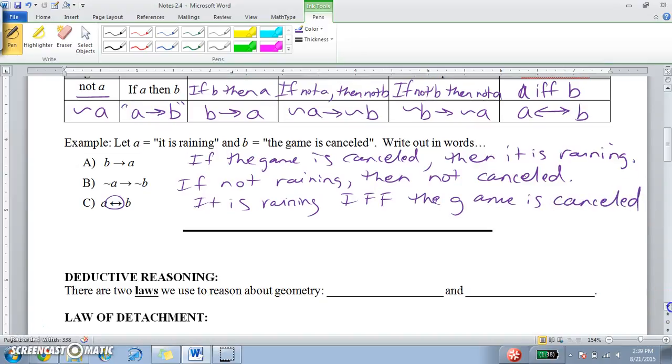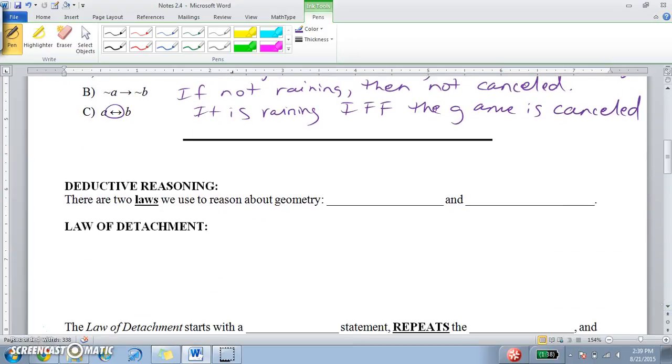So, deductive reasoning. What is deductive reasoning? There are two laws we use that are part of deductive reasoning. One is called the law of detachment. One is called the law of syllogism. So, first, the law of detachment.